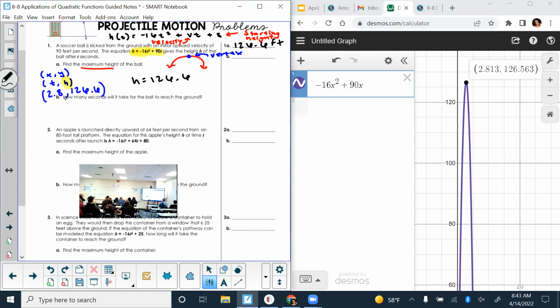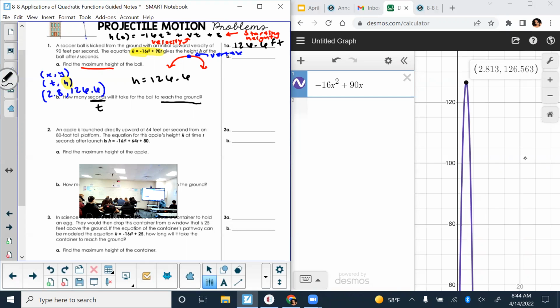All right. Then part B says how many seconds, so we're talking about time, will it take for the ball to reach the ground? Would that be the 2.8? When the ball reaches the ground? No, the 2.8 is when the ball reaches the maximum height.